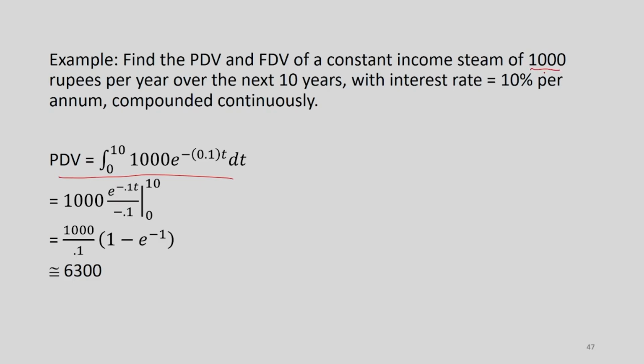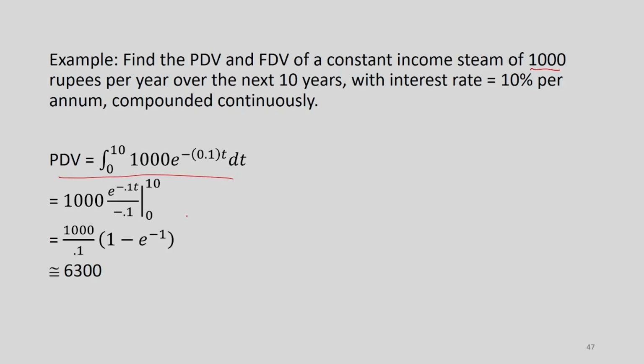So Ft is just 1000, e to the power minus RT, where R, the rate of interest, is 10%, so it is minus 0.1 multiplied by T dt.